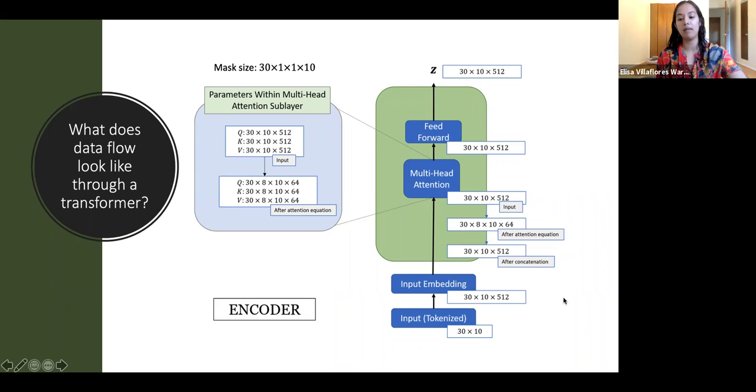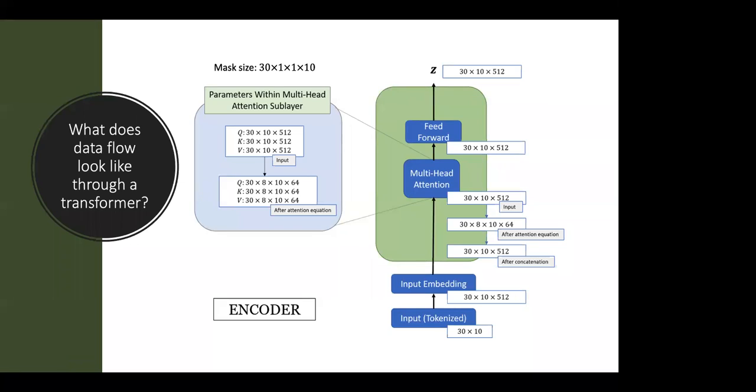So that's why you have this 30 by 10 by 512 tensor, and that's what you try to keep throughout this encoder. And finally, this context shape is a context tensor, and it's the same size as our input.